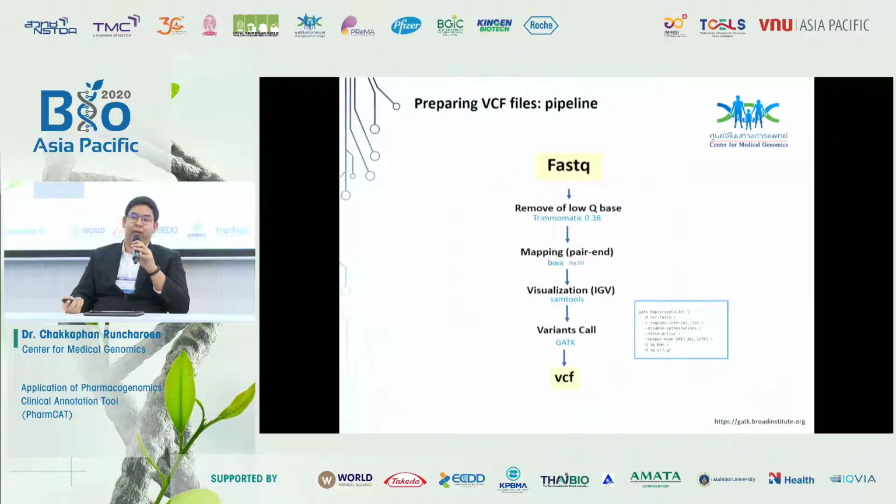To create the VCF file, first the FASTQ file will be removed of low quality bases by bioinformatic tools, then aligned to the reference, which is HG38. And then variant calling will be done relying on GATK.